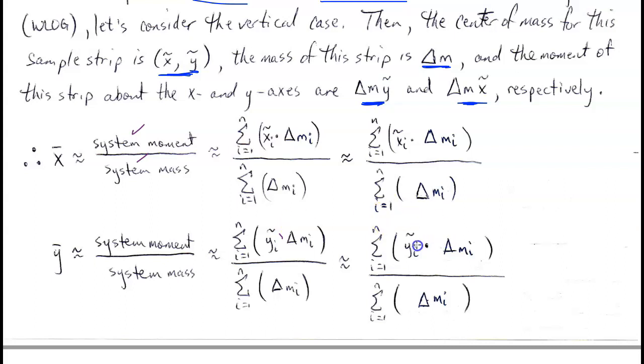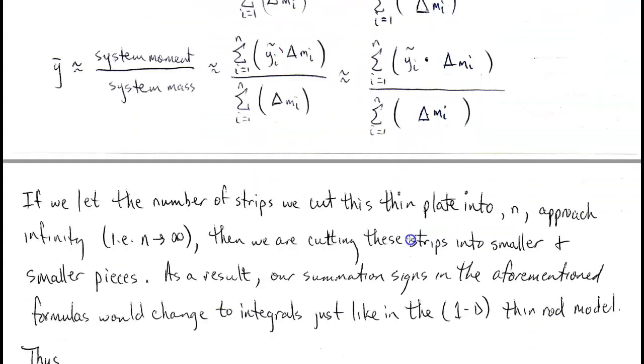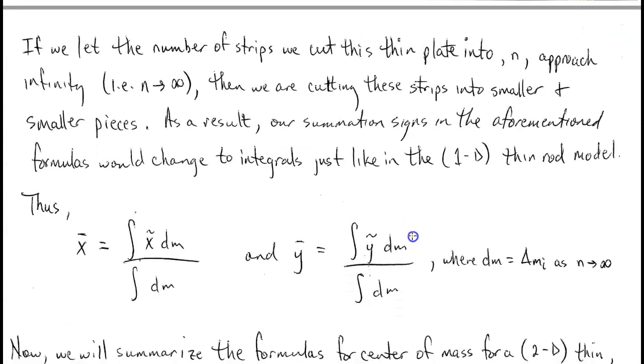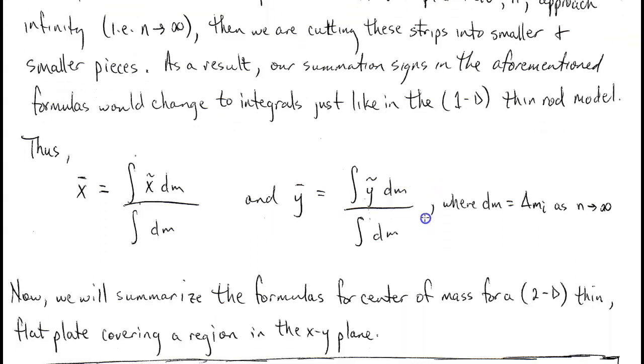So with that being said, if we let the number of strips n approach infinity, then we are cutting these strips into smaller and smaller pieces. As a result, our summation signs in the aforementioned formulas would change to integrals. And so this is how we actually end up with integrals here.